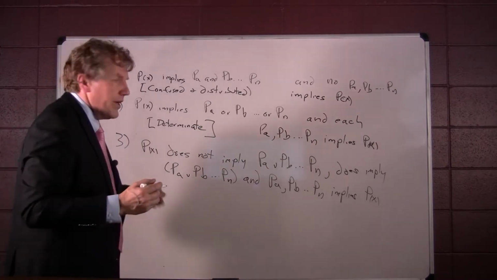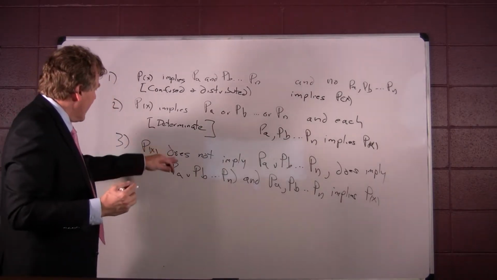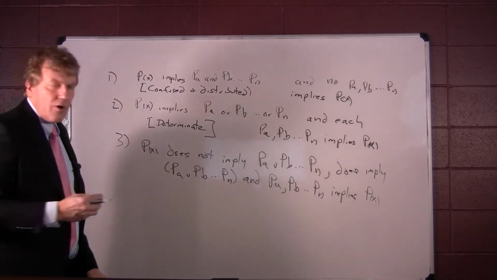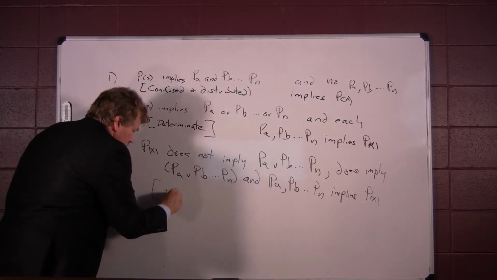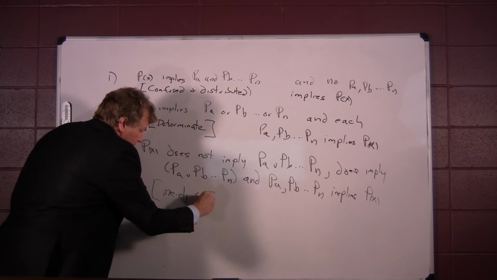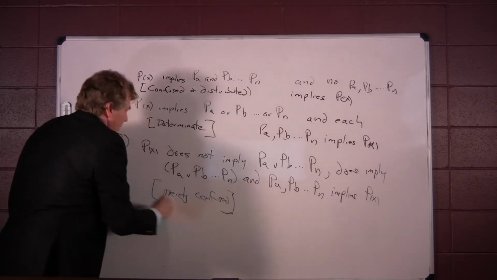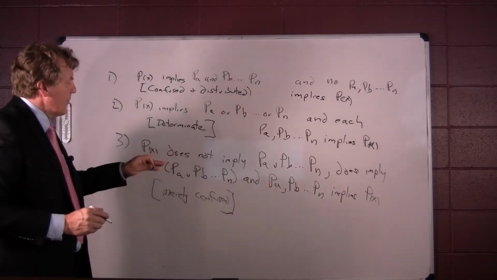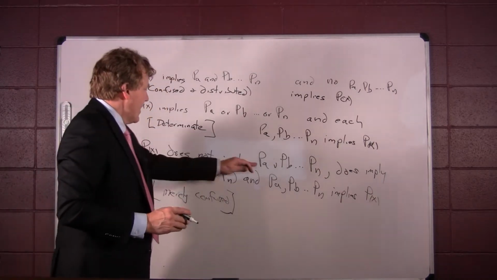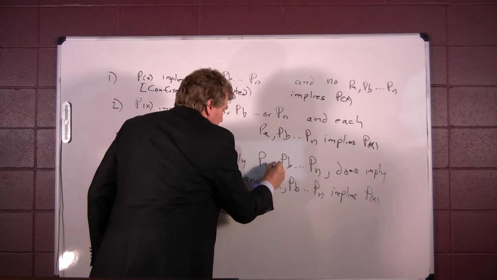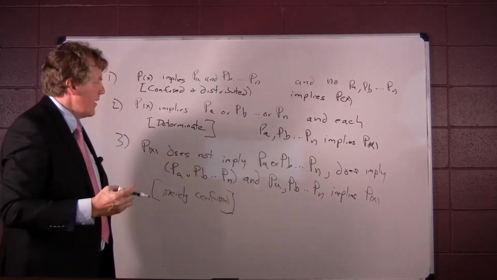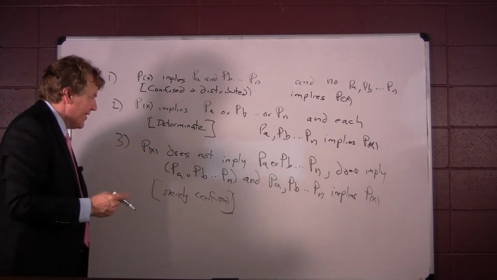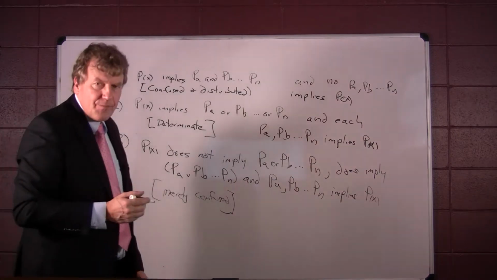Then we have down here the so-called, here again, Ockham is now going to do, he's distinguished confused and distributed from determinate, and now we're going to call this the merely confused, and in merely confused supposition, that something has P does not imply that A has P or B has P all the way up to N has P, but it does imply that the disjunction, that P is true of the disjunction.